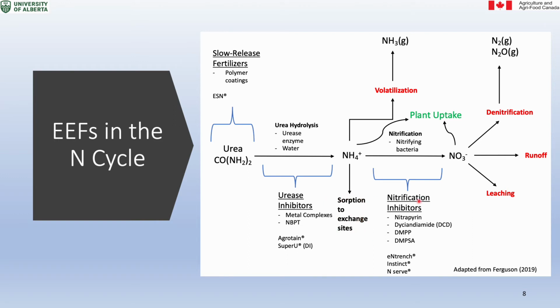And lastly, nitrification inhibitors suppress nitrifying bacteria populations, and this happens temporarily, and it allows the soil inorganic nitrogen to remain in the ammonium form rather than the nitrate form. And being in the ammonium form, they have a greater chance of being adsorbed safely to exchangeable sites and not be lost to leaching, runoff, or denitrification.